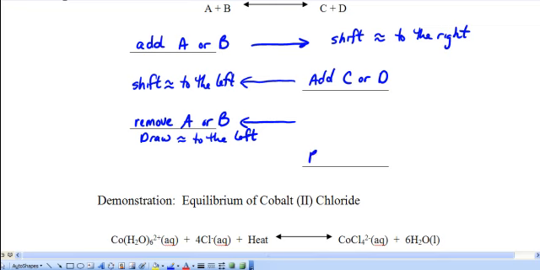On the other hand, if you remove C or D, it's going to try to replace it. Well, how do you replace C or D? It's going to draw the reaction towards it to fill in that void. So it'll draw the equilibrium to the right.